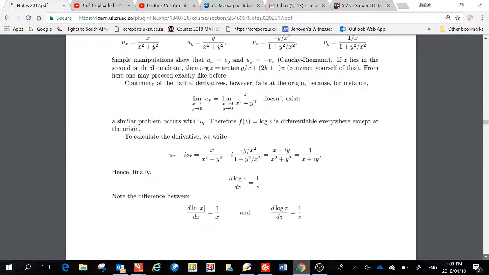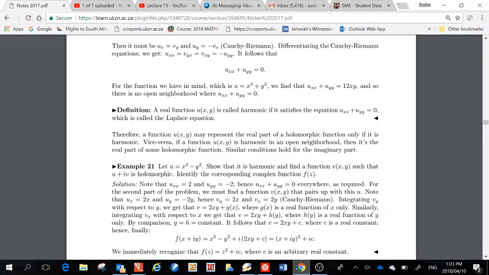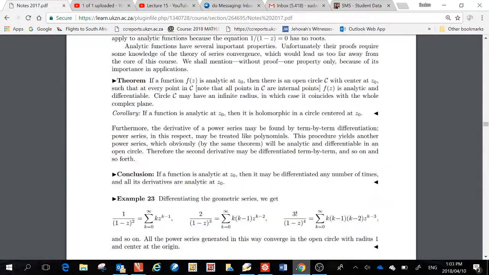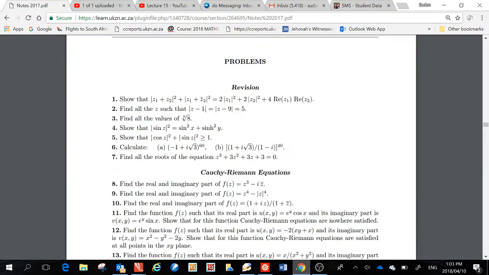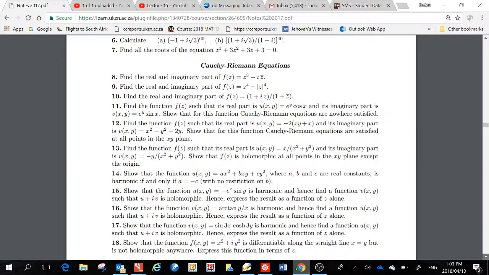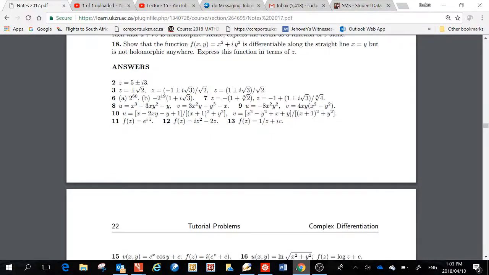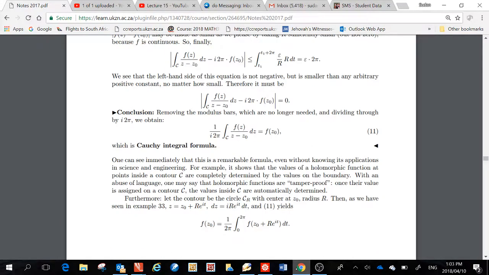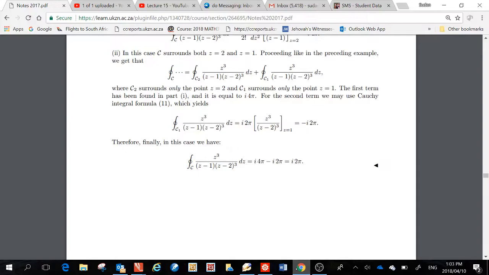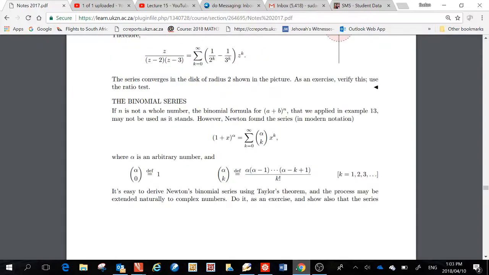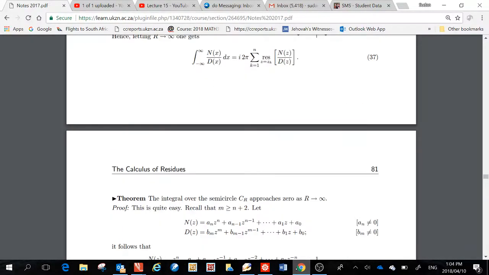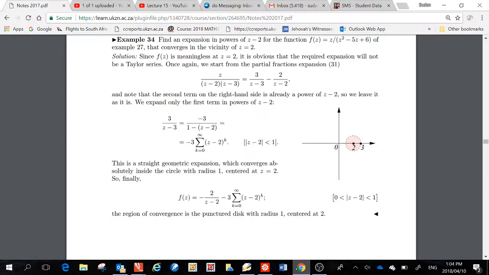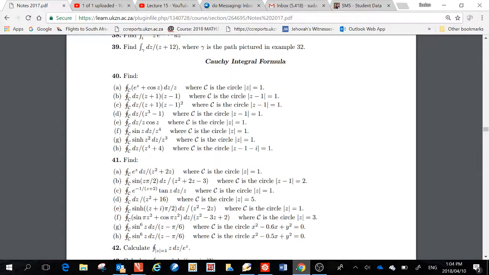This is the stuff we did today: Cauchy-Riemann equations, and then the next chapter on complex differentiation. Under the Cauchy-Riemann equations, you'll find that the examples are like what I discussed here.